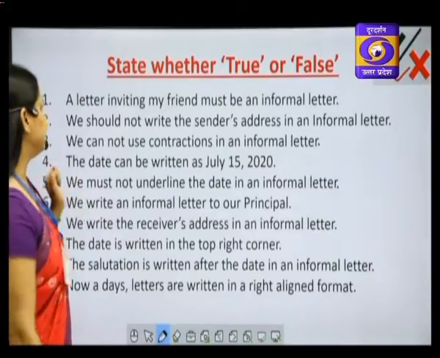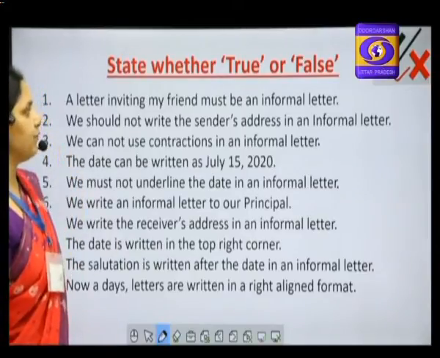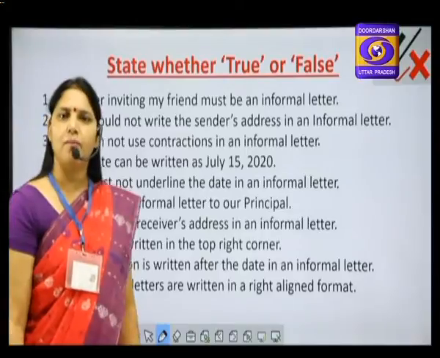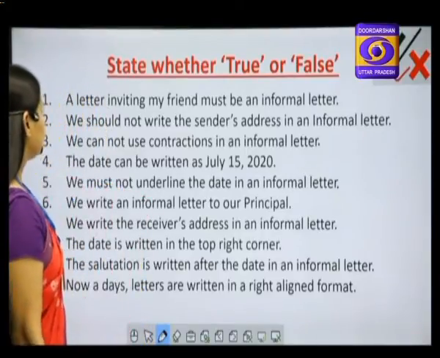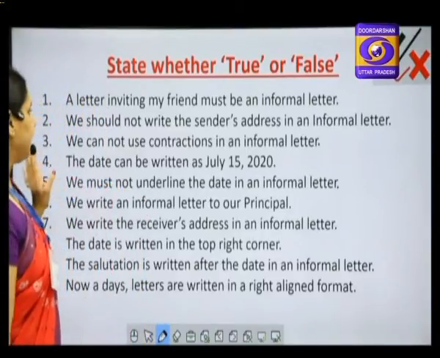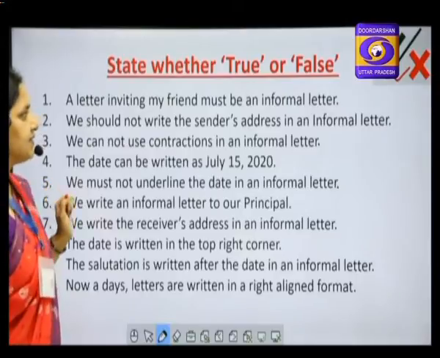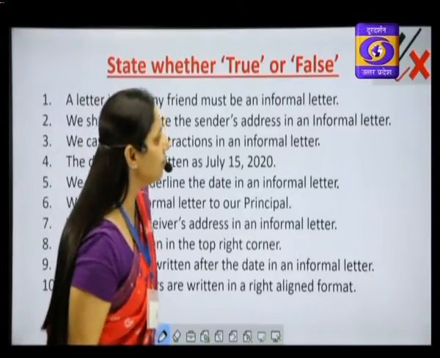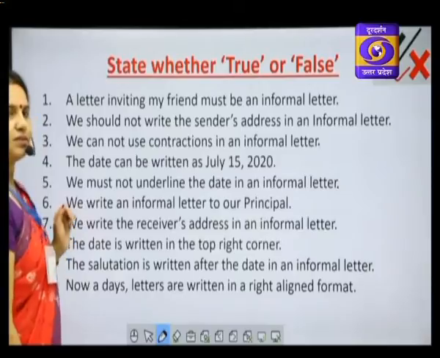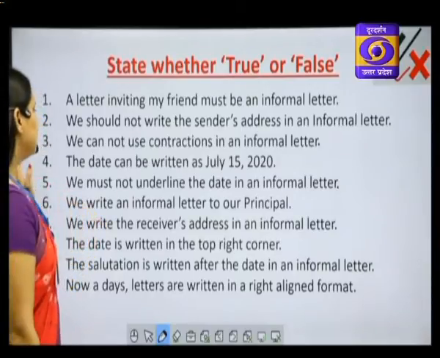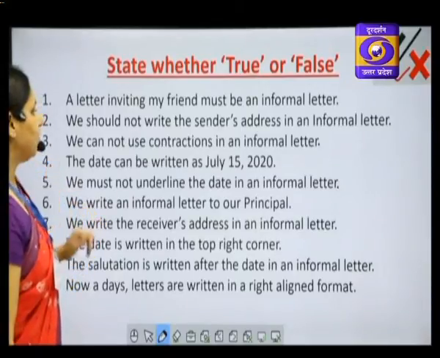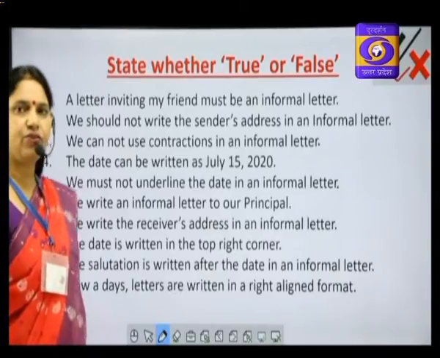The first statement is, a letter inviting my friend must be an informal letter. Second is, we should not write the sender's address in an informal letter. The third is, we cannot use contractions in an informal letter.